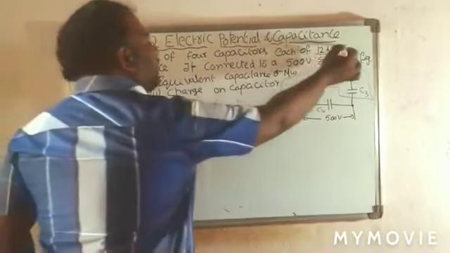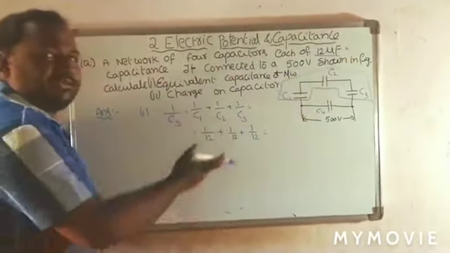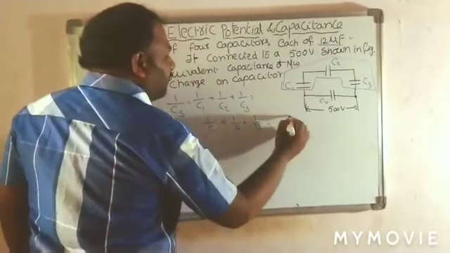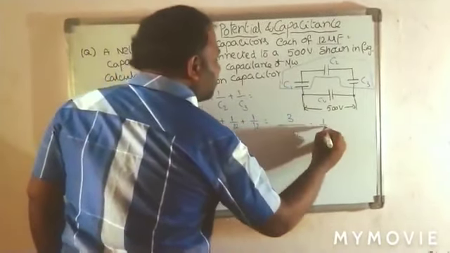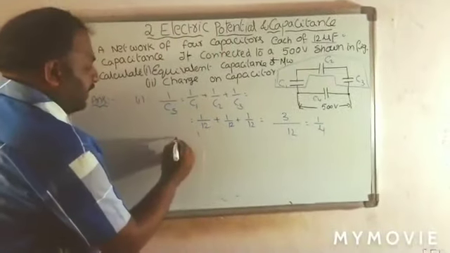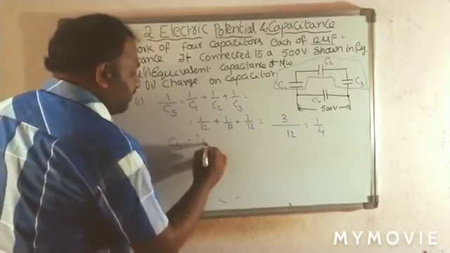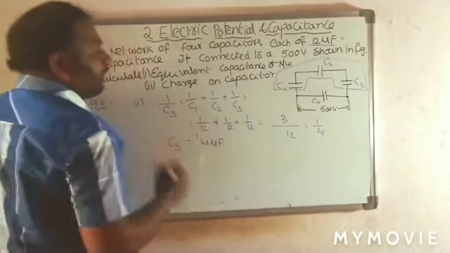All have the same units, so no need to use the units here. We directly simplify. The LCM is 12, the numerator becomes 3, so this is 1 by 4. So the series capacitance is 4 microfarad.